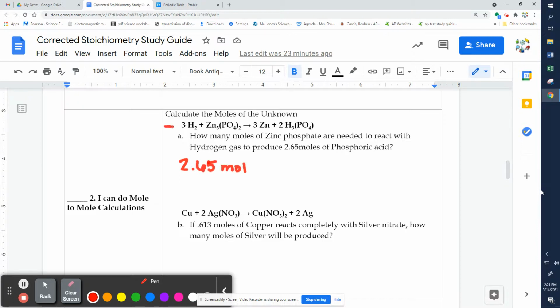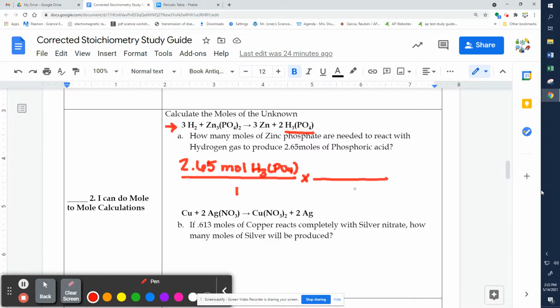We are given this problem right here. We have to figure out which one is phosphoric acid. We all know that all acids start with H, so this last one is our phosphoric acid, so it goes here. Okay, we put that all over 1.